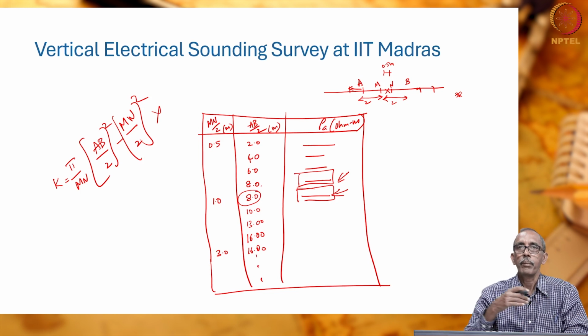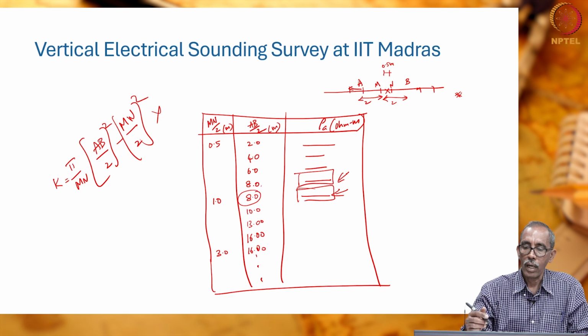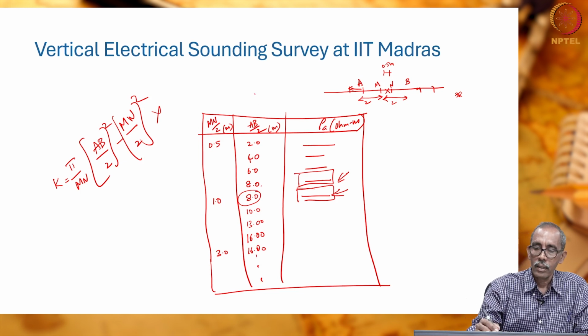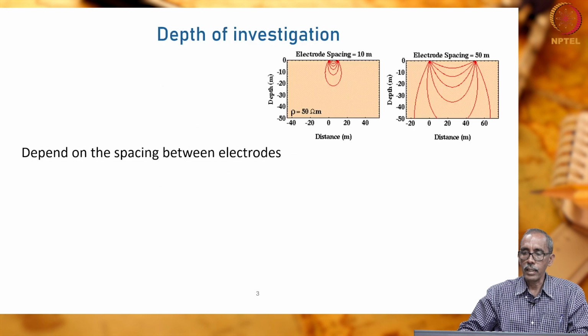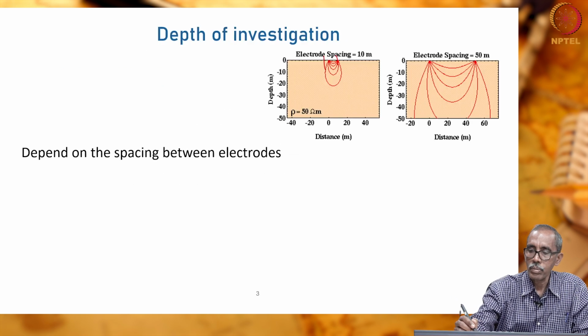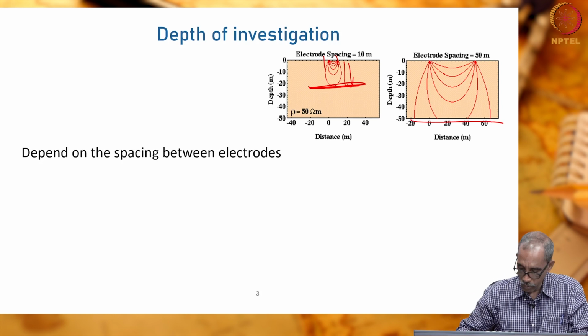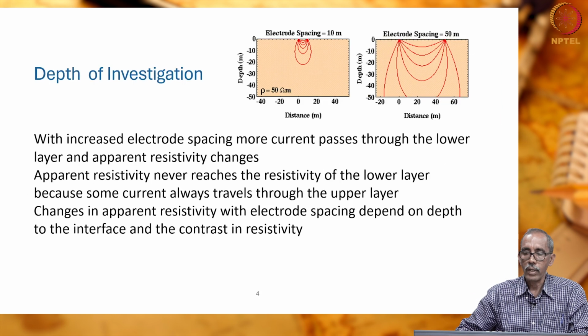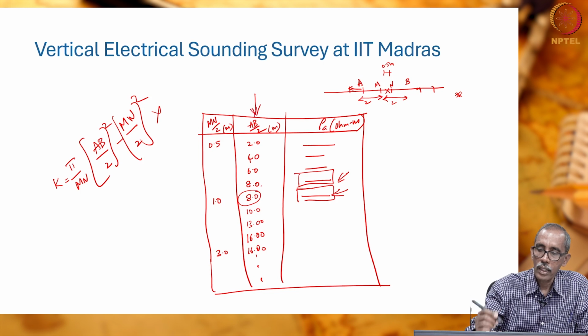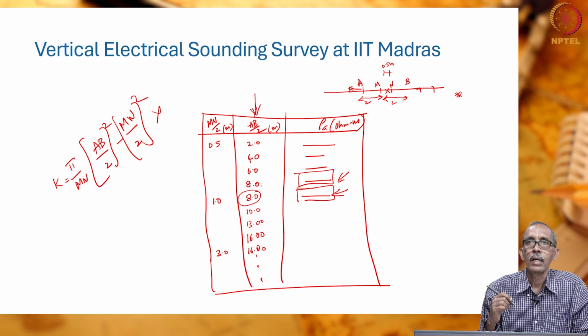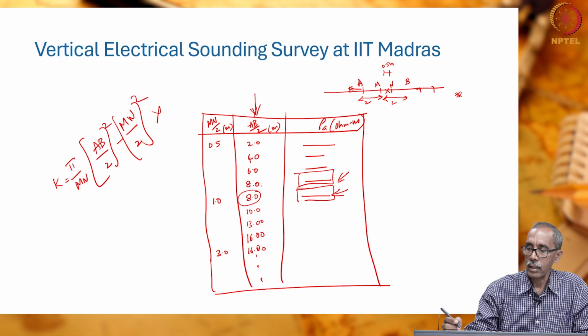By carrying out this survey, what data have we got? This refers to the depth. Hope you can recollect, this is what we had seen here. The electrode spacing directly refers to the depth of penetration. When the electrode spacing was 10 meters, this was the depth of penetration. When it was 50 meters, it goes up to this. So, practically, this refers to the depth and this refers to the corresponding apparent resistivity value.